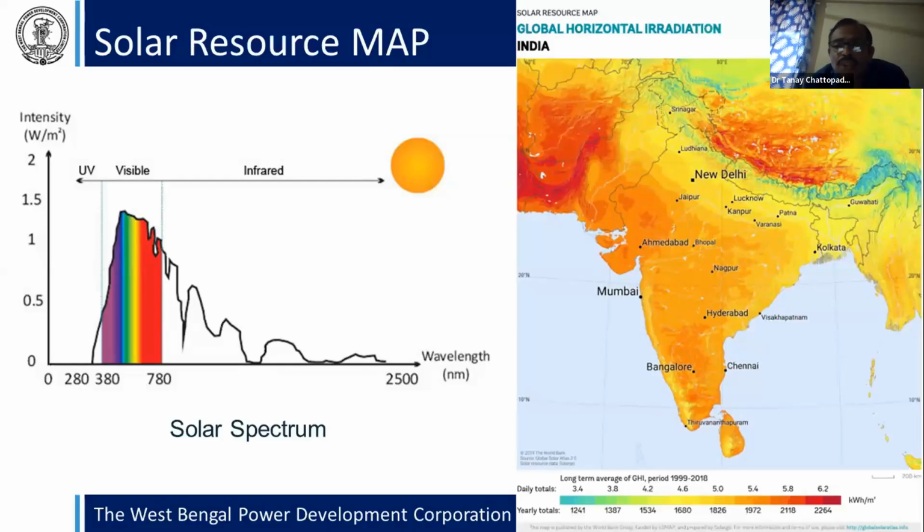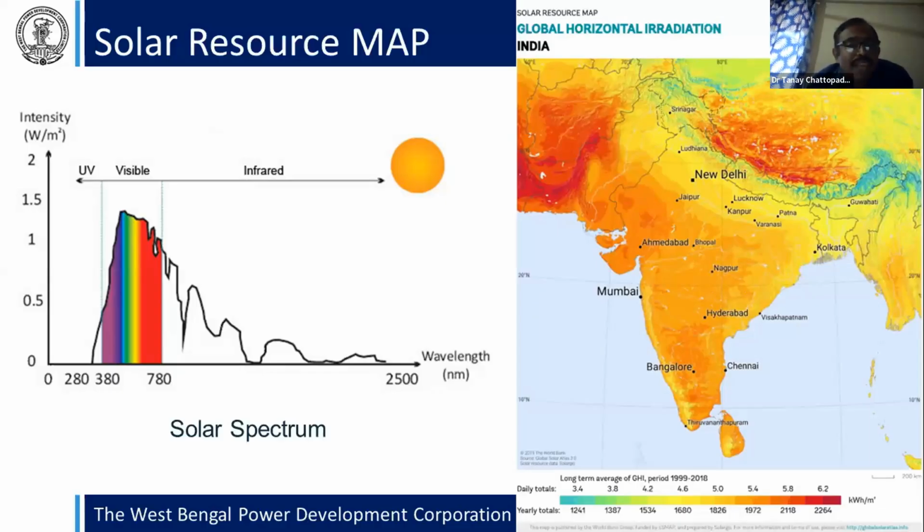Every solar panel is rated at 100 watts per meter square irradiance, and it is better at Gujarat and Rajasthan. We are also trying to develop solar power plants in the West Bengal region.